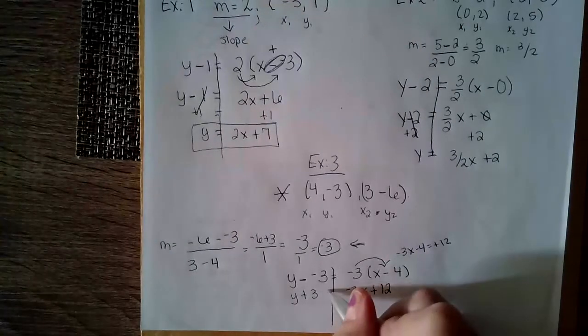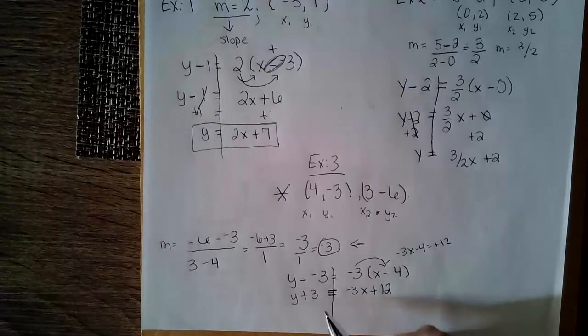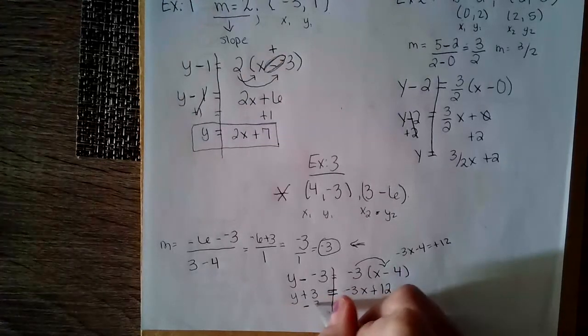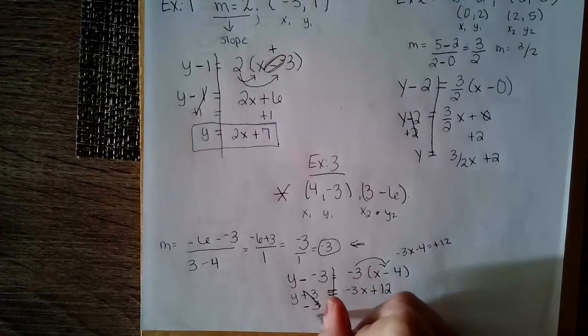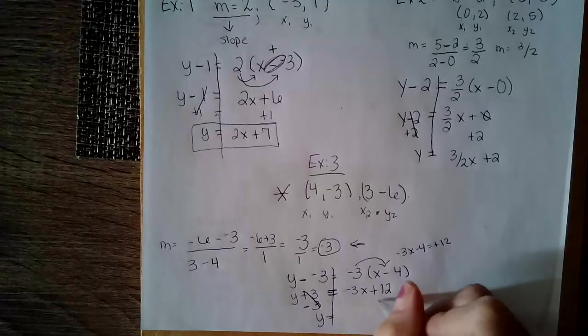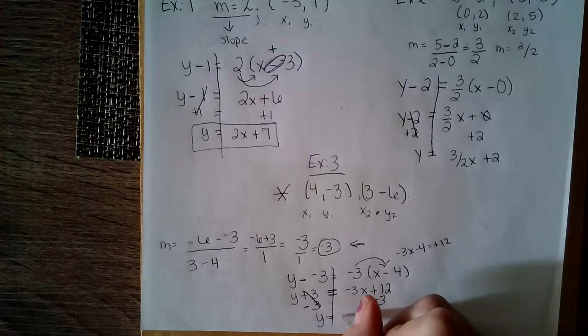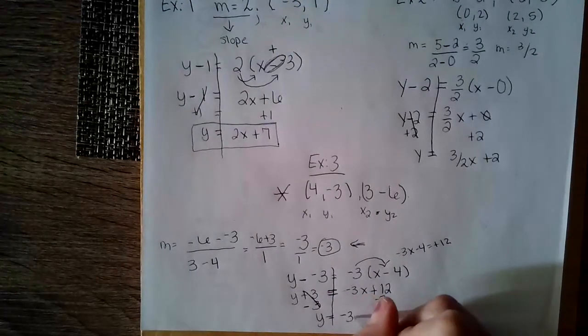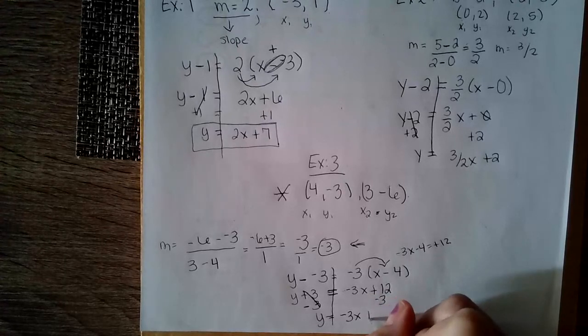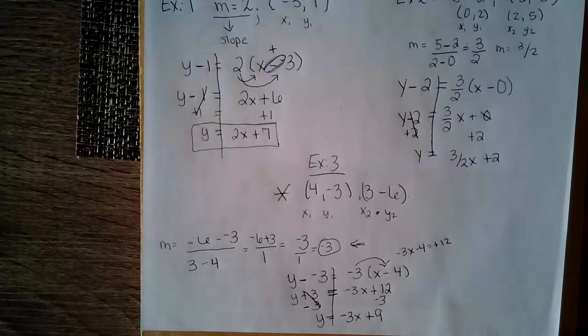Now, I want to isolate my y over here. So what I have to do is subtract this 3 from both sides. That isolates my y, and this gives me y is equal to negative 3x plus 9.